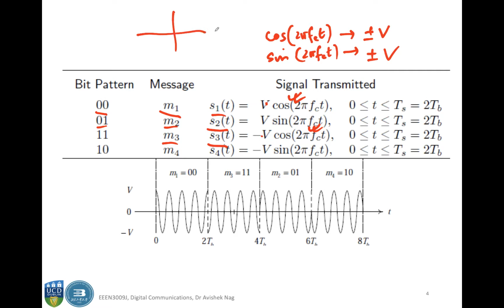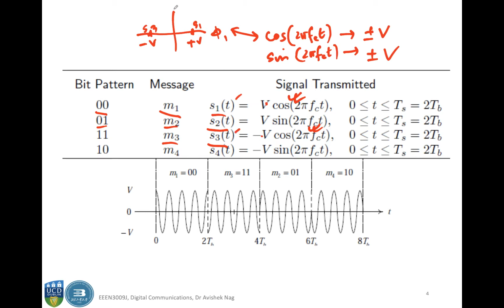So let's say if your phi 1, as I said, can be equivalent to the cosine signal, you are basically sending plus v and minus v. So these are the two signals in the signal space that you are sending over phi 1 or the cosine signal. So these are your, let's say, S1 and S3 according to this.